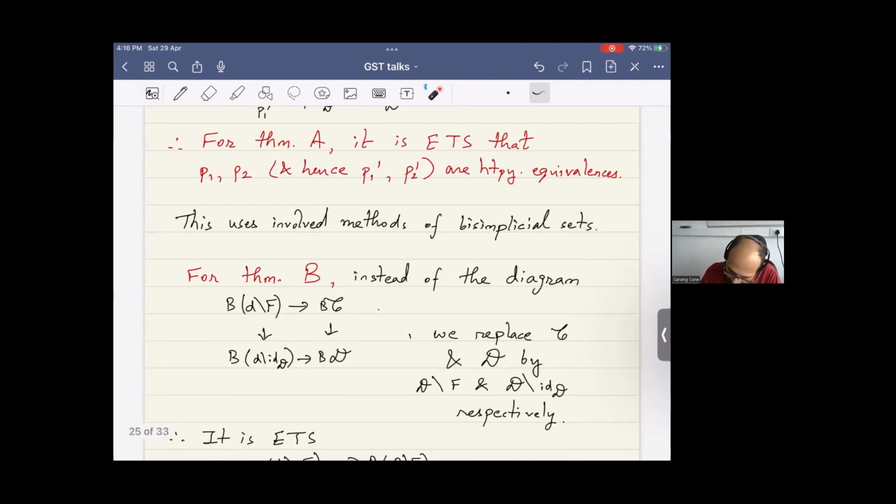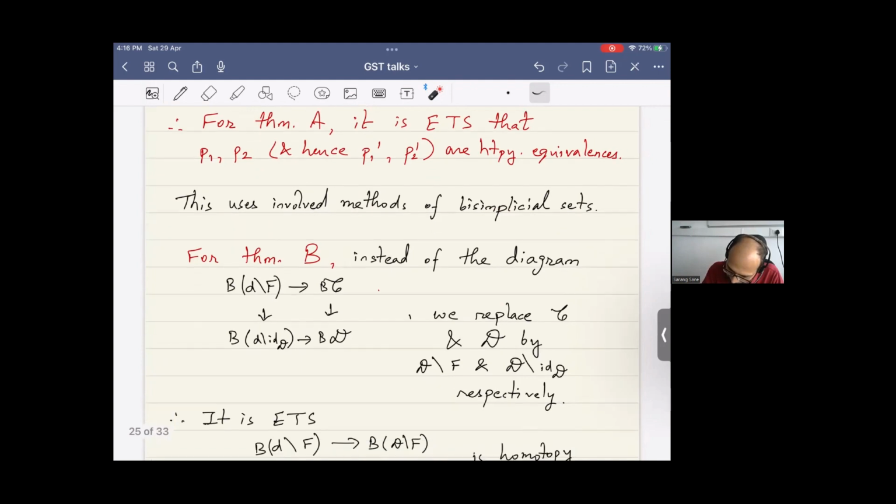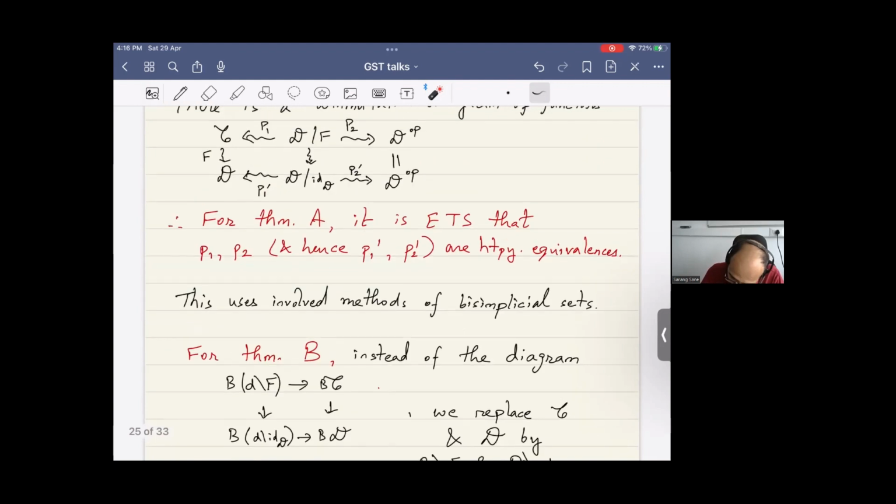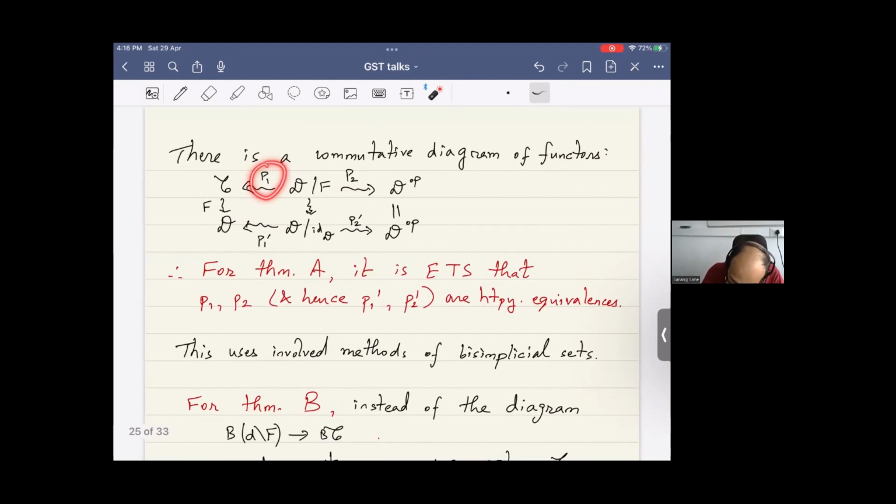It's fairly involved. Okay, so for theorem B, what do we do? Checking that this is a homotopy equivalence doesn't require the hypothesis. It's really this that requires the hypothesis.